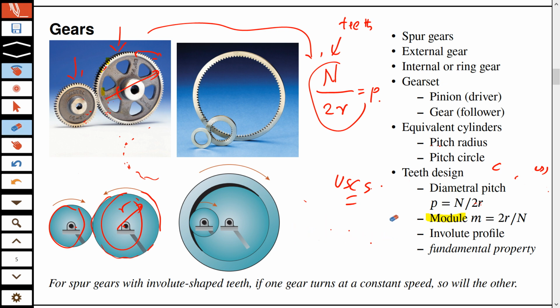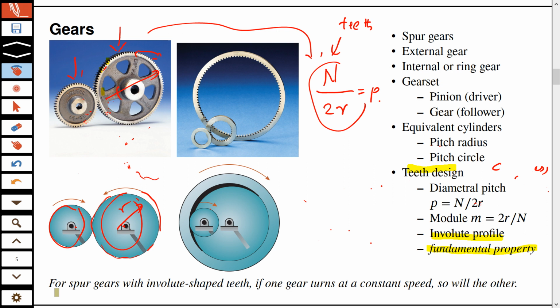Now, one more thing which is important, although I'm writing the name, I'm not explaining all the detail. The way these teeth are designed by engineers, especially mechanical engineers, makes sure they have a property which is very important, because they are going to transmit motion from one side to another.